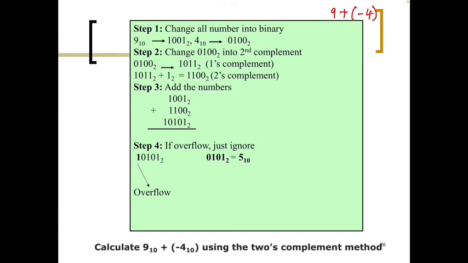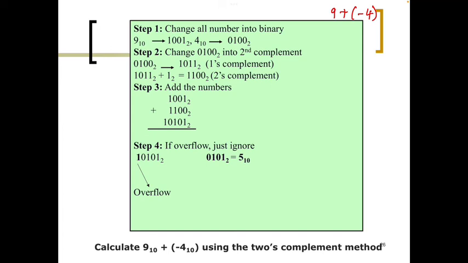For the 9 we have 1001, for the 4 we have 0100. Because -4 is negative, we just need to change 0100 into the 2's complement. First, before we can have the 2's complement, of course we need to do the 1's complement.